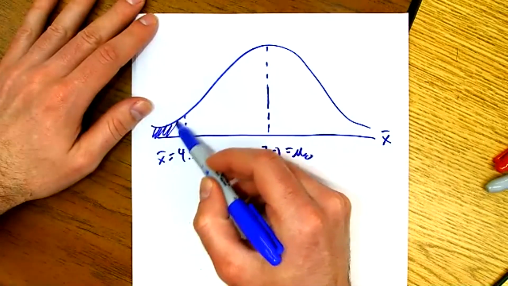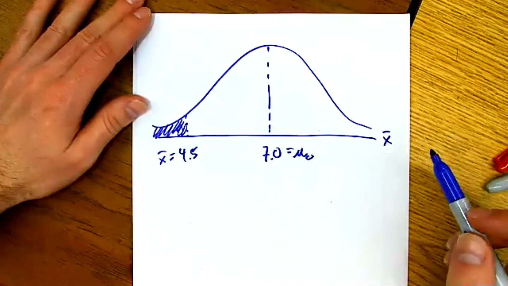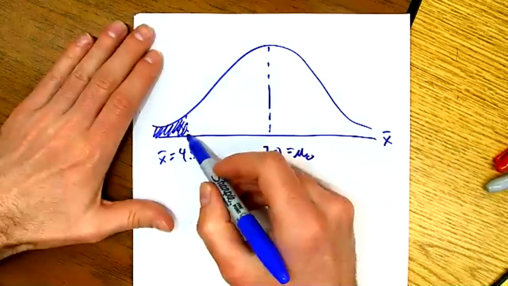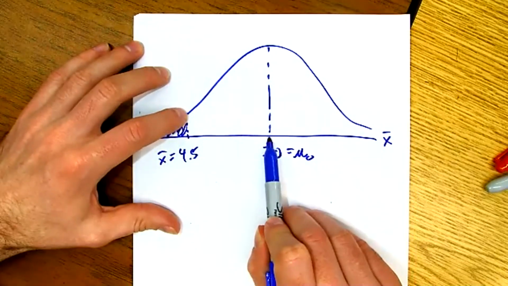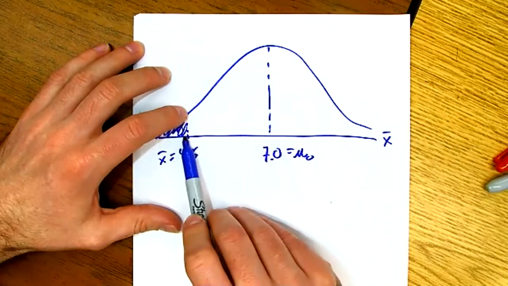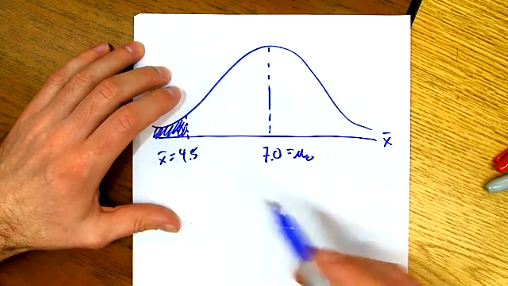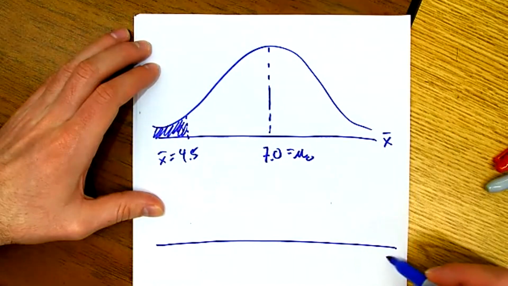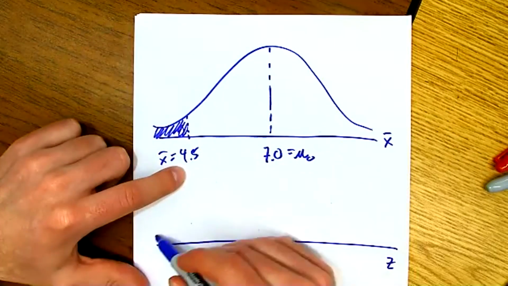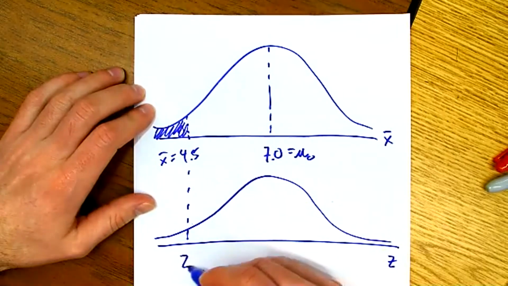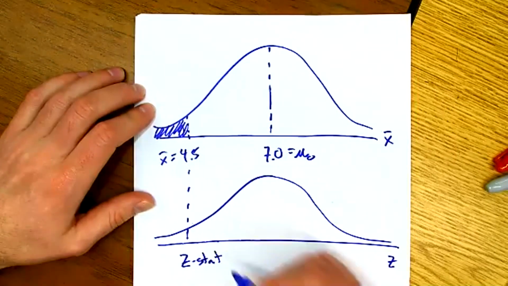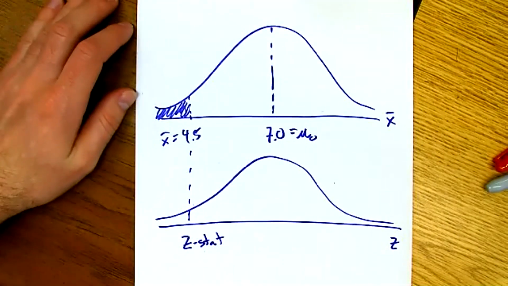So I'm thinking about what my p-value is. It's the probability that I saw something this far away from the assumed true mean or anything further, right? Or said differently, I can convert this value into a z statistic, or my test statistic.